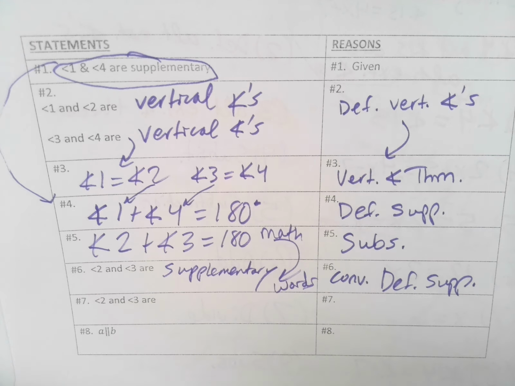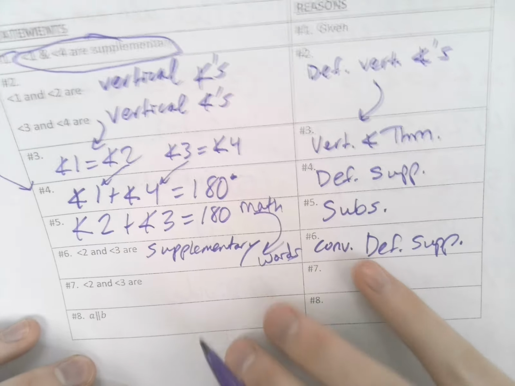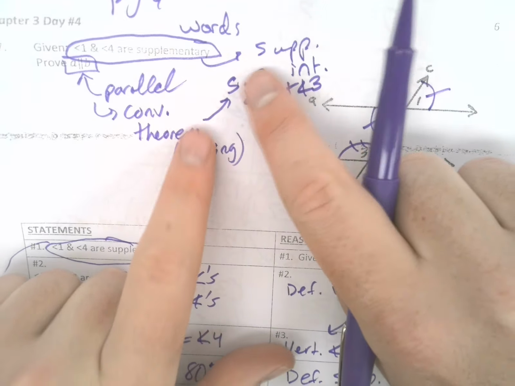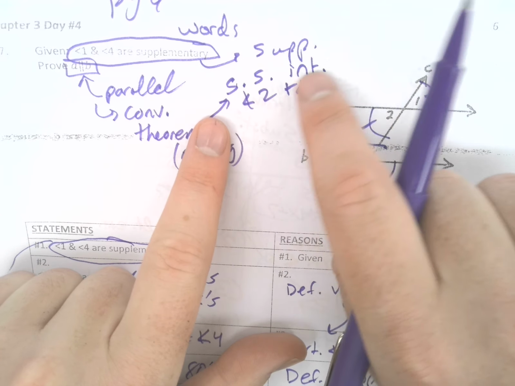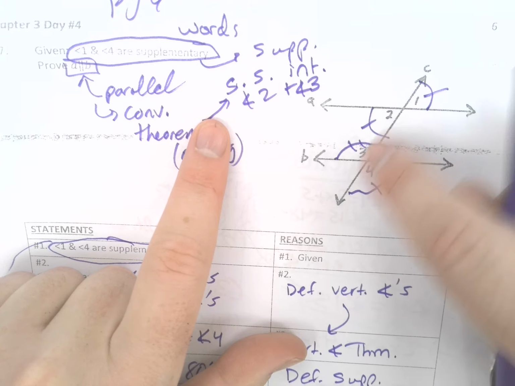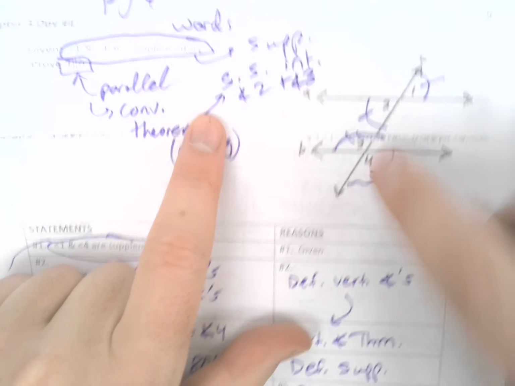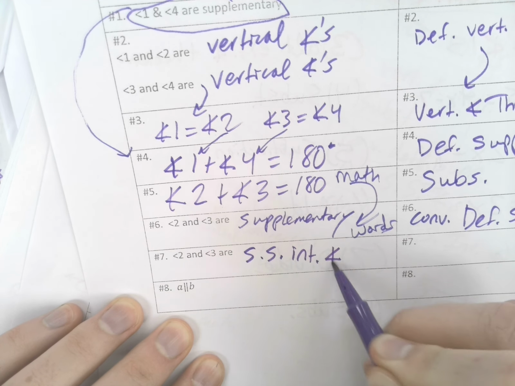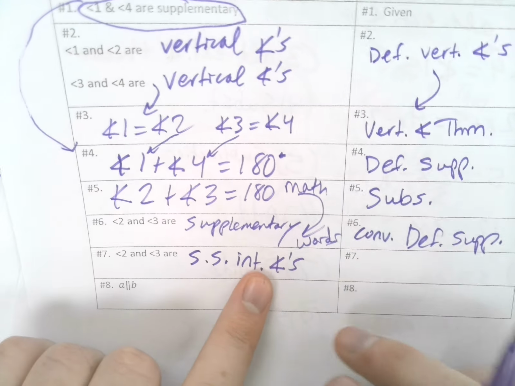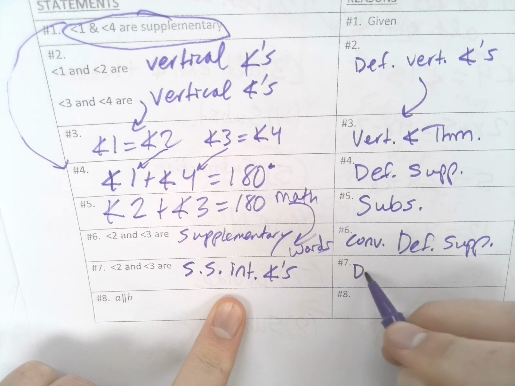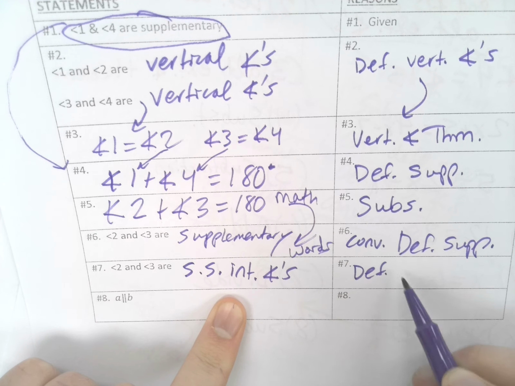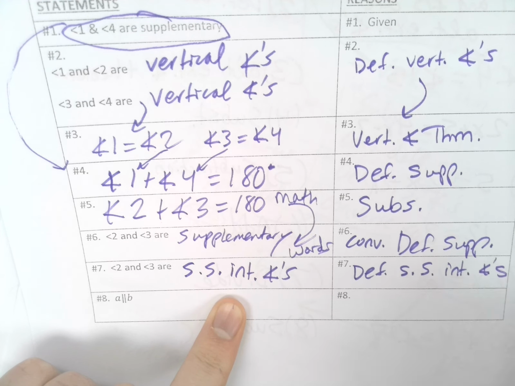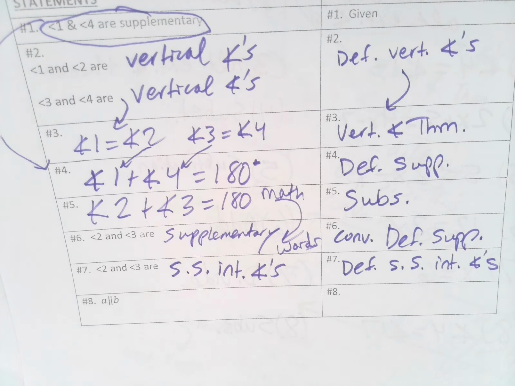And then let's bring it back here. We know how this ends, guys. If they're supplementary, remember what we said earlier? What's that going to mean then? 2 and 3 are same side interior angles. And if we can make that statement, that's based off the definition of same side interior angles. And take it home, guys.